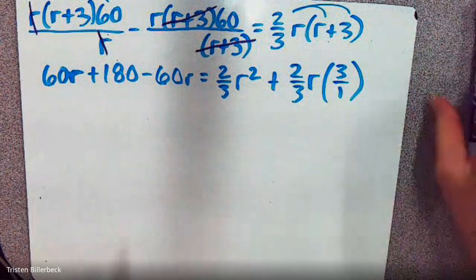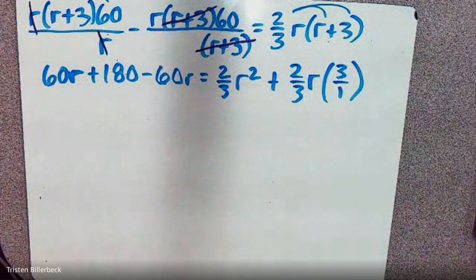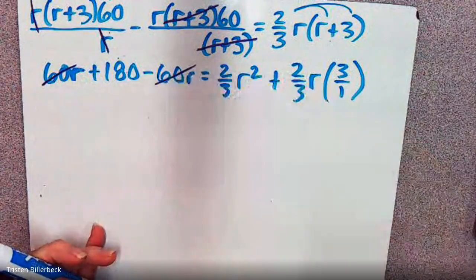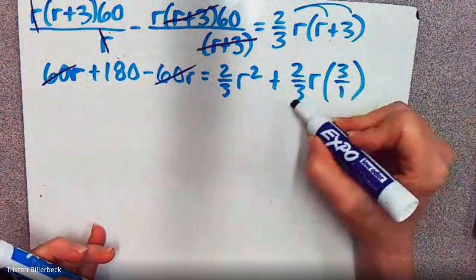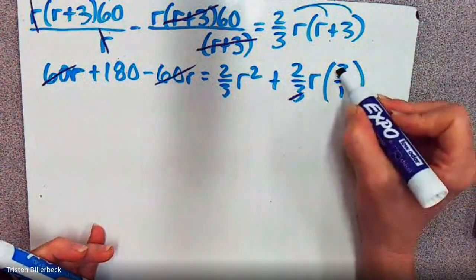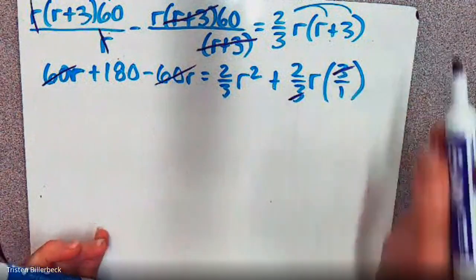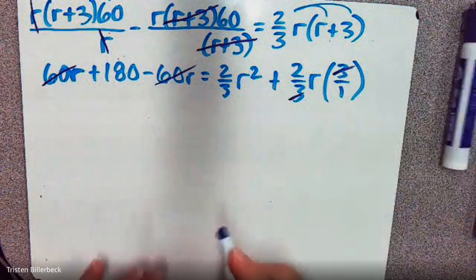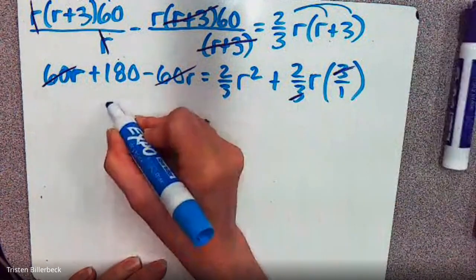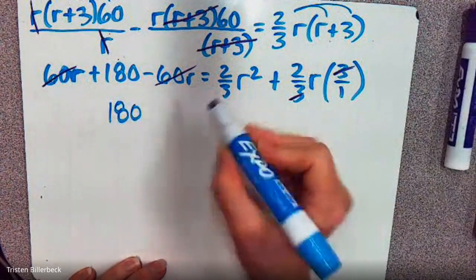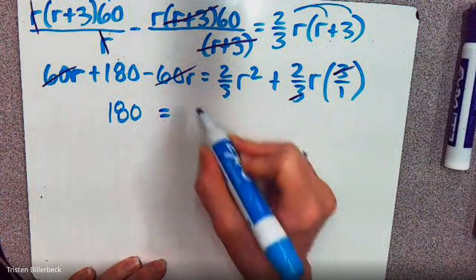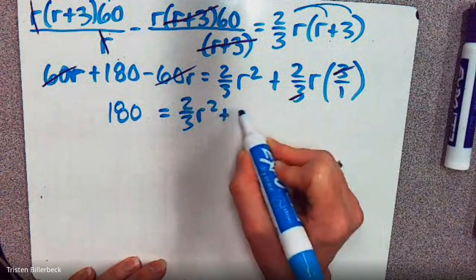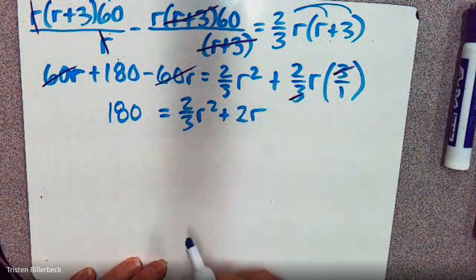All right, so time to cancel. We have a positive 60r and a negative 60r. Goodbye. We have a 3 on the bottom and in the denominator and a 3 in the numerator. Goodbye. All right, so we have 180 after the smoke settles. 180 equals 2/3 r squared plus 2r.